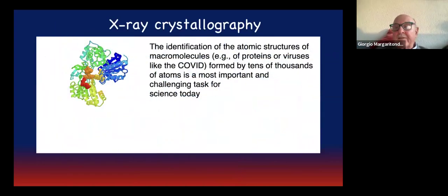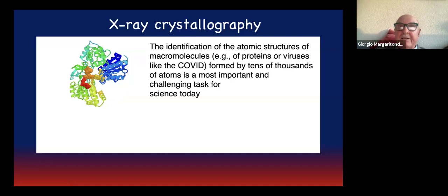Now, crystallography. This technique, as we have seen in the case of, indeed, the COVID virus, can be extremely important in order to understand the microscopic structure of things like viruses or proteins in general and so on. But there is a huge problem. The huge problem is that X-rays can create defects, can damage the molecules or the virus.